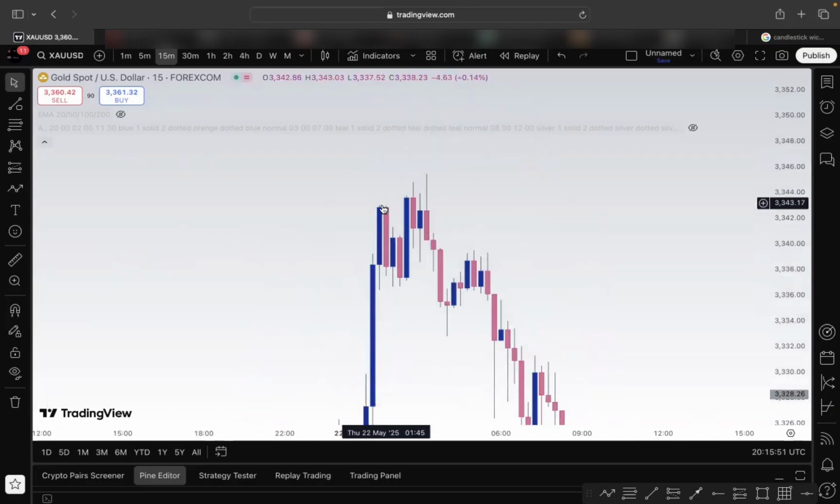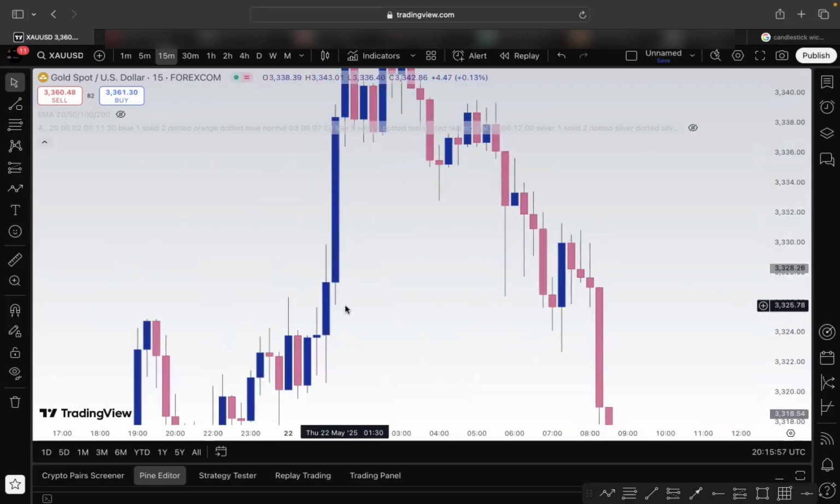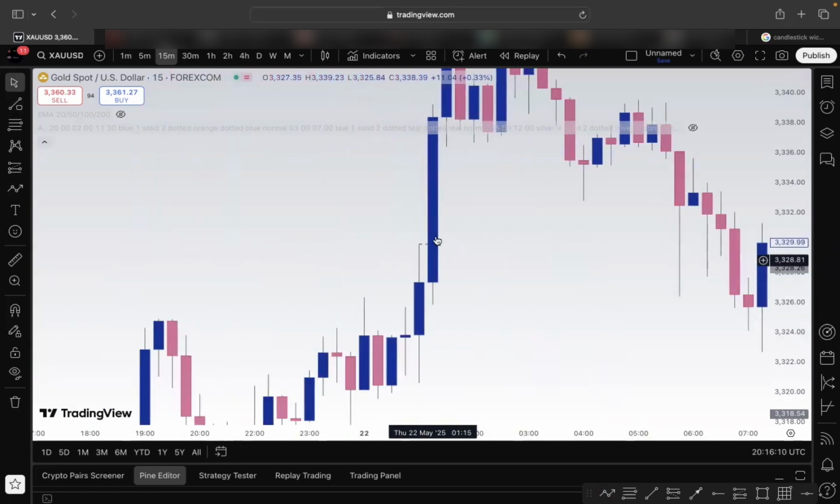So let's look at this. You can see the candlestick here. Now, this is what I need you to understand. Whenever the price is going up, it means price would be breaking the previous candle's high. So right here, price broke this candle's high. Let me zoom in. You can see that whilst it was going up, price broke the candle's high.